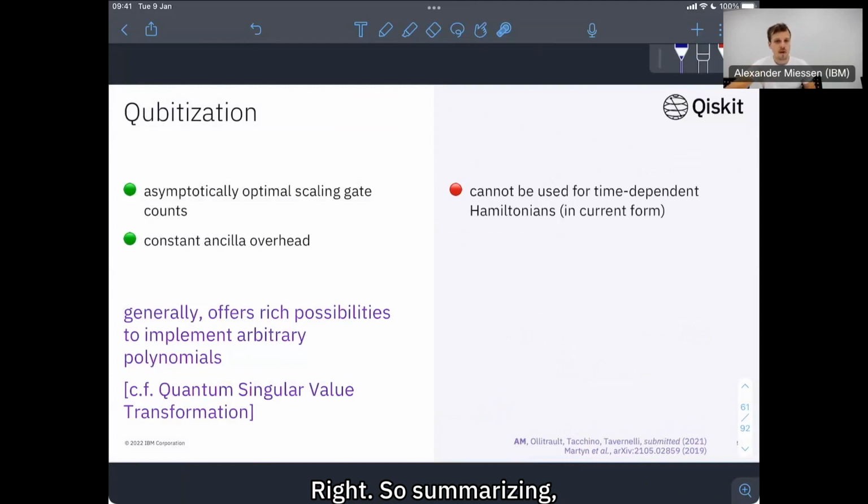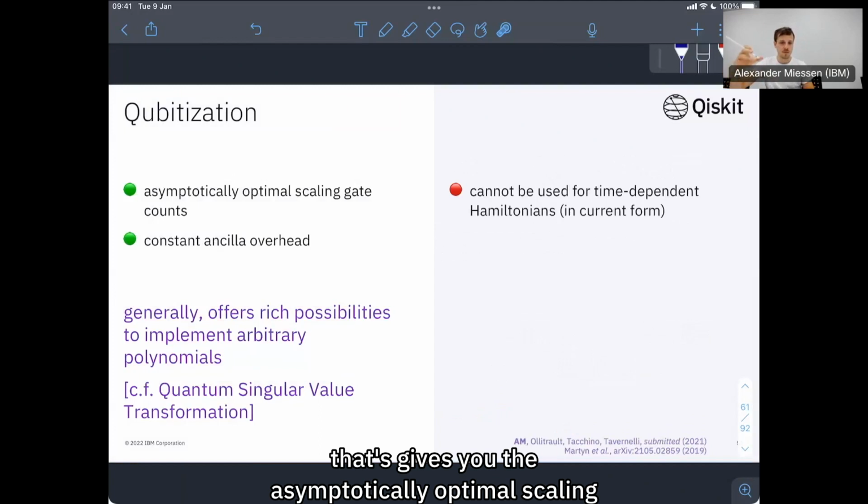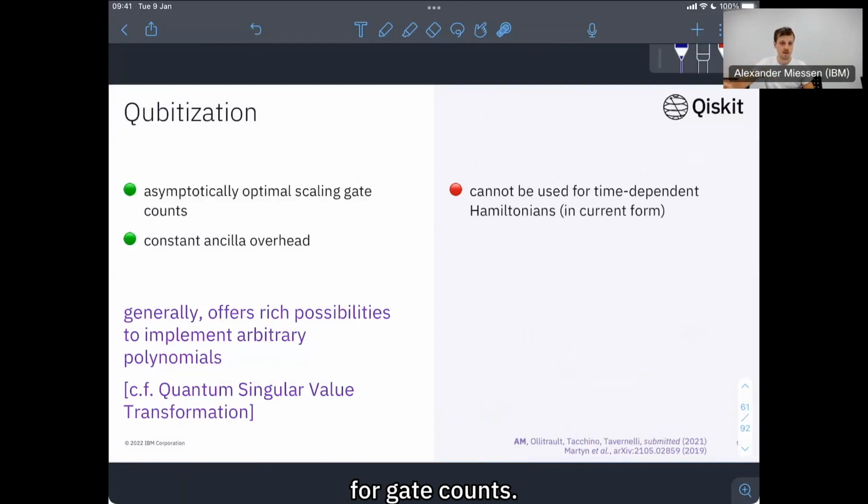Right, so summarizing, qubitization is a method that gives you the asymptotically optimal scaling for gate counts, at a constant ancilla overhead, so the number of ancillas you need is independent of the simulation time as well as the accuracy of your simulation, which is incredible.